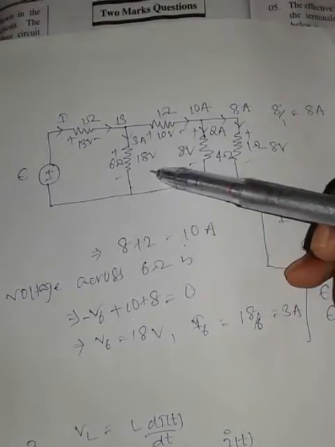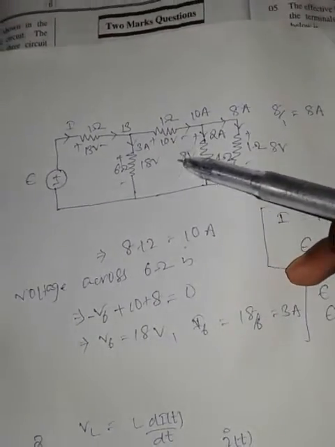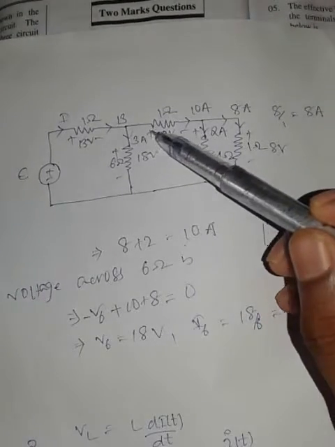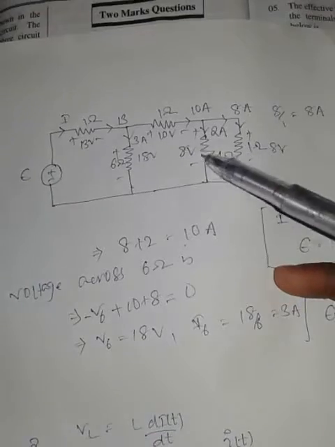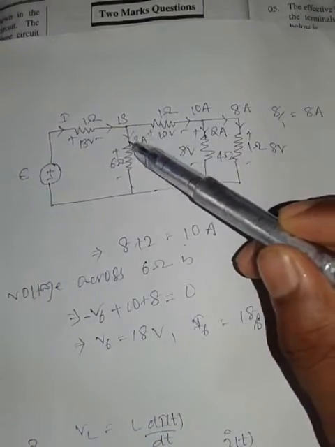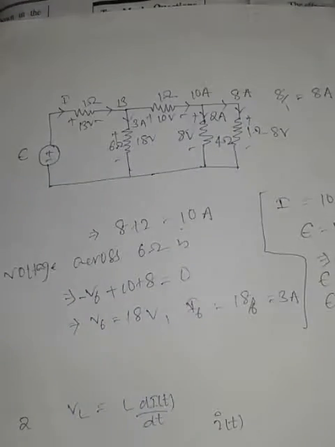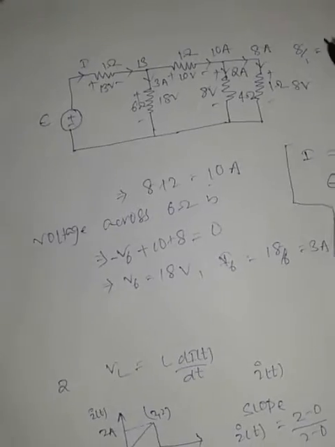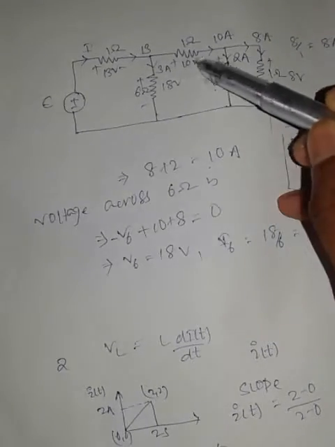Let's start again with the KVL equation. The symbol will be plus or minus; here also current will flow in this direction. So apply the KVL equation here.